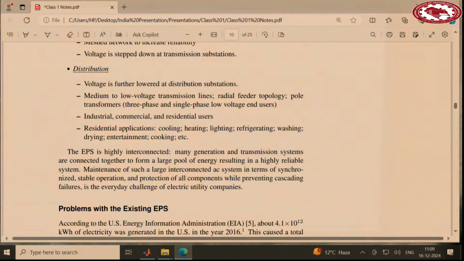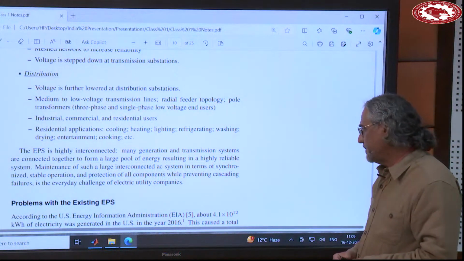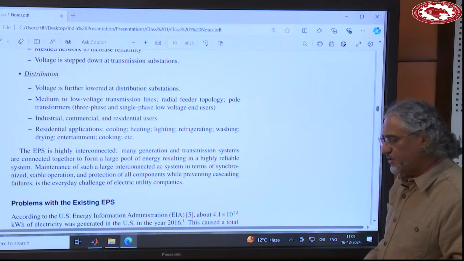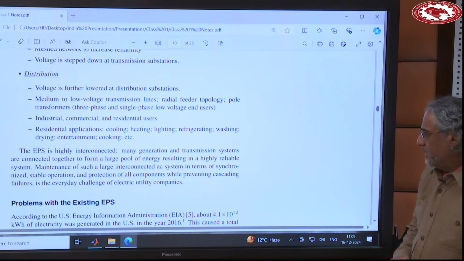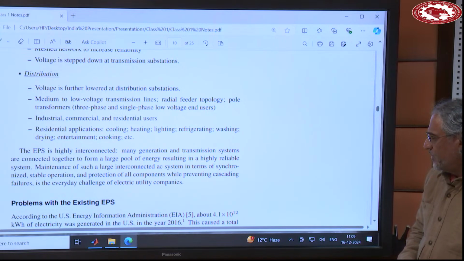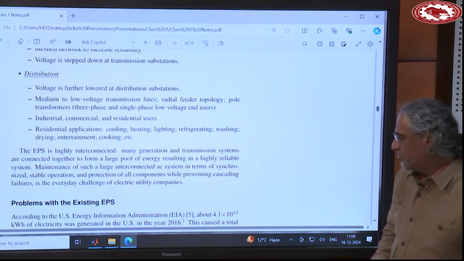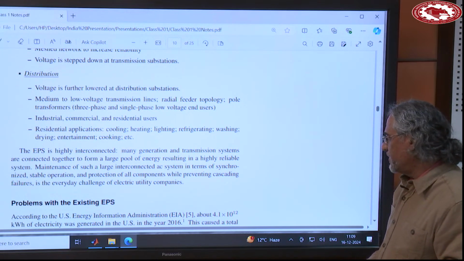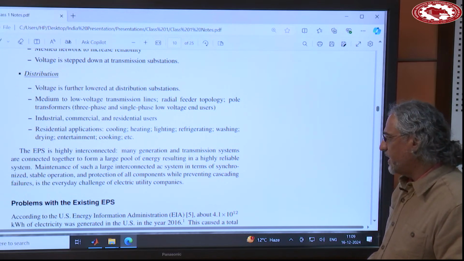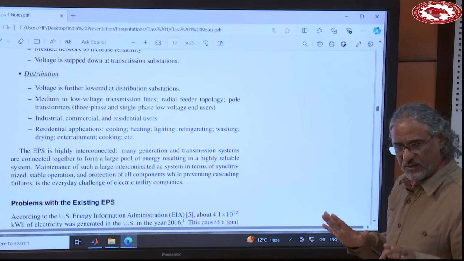So maintenance of this system: power outages are happening all the time for many different reasons, and maintaining this system, synchronization, control, and protection of this system against faults and overcurrents. These are everyday challenges that we have in the power system. So that is as far as technical.